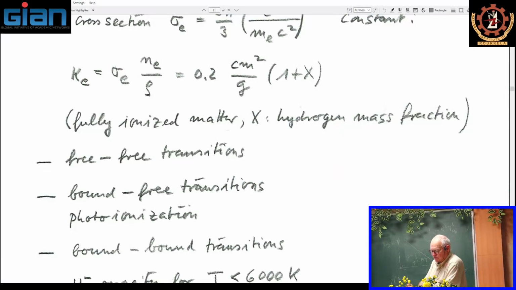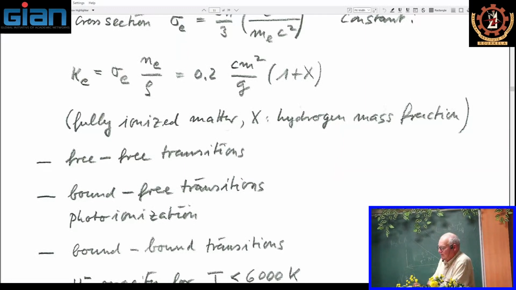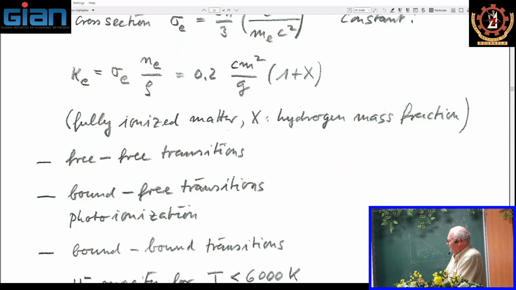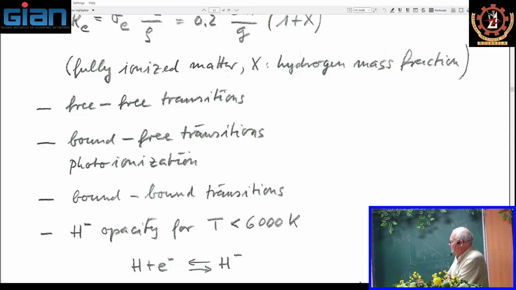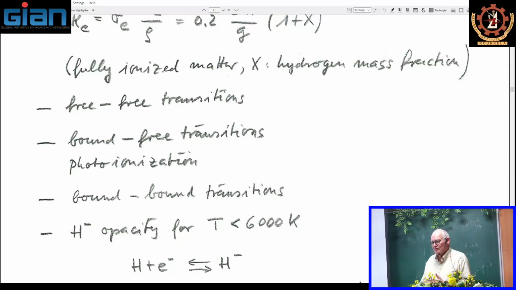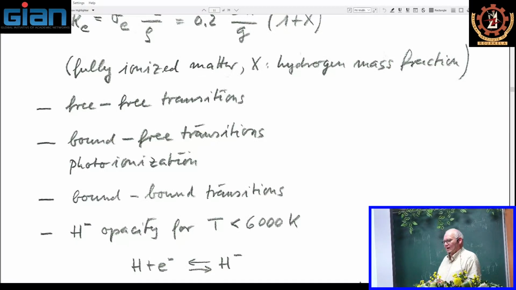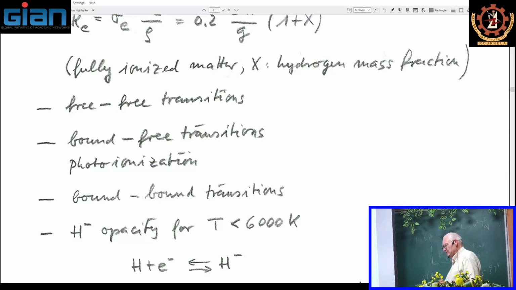The next processes are the bound-bound transitions, which have for a long time been ignored or largely ignored. This is an interaction with photons of atoms where an electron is put to a higher state, but it is still bound. So you have various levels within your atom.